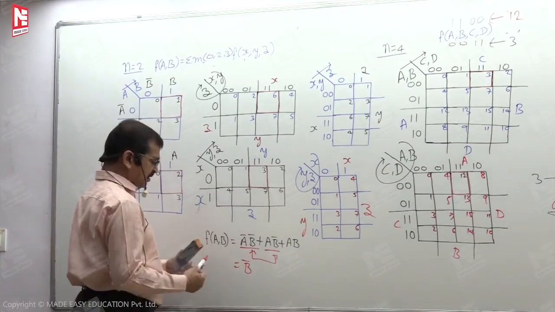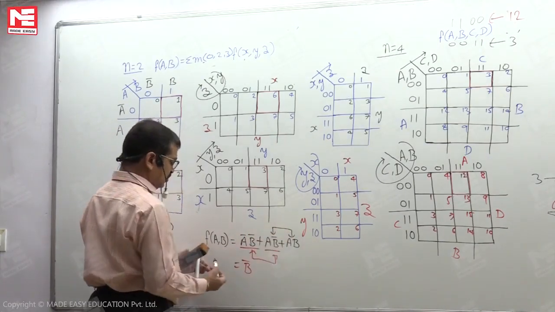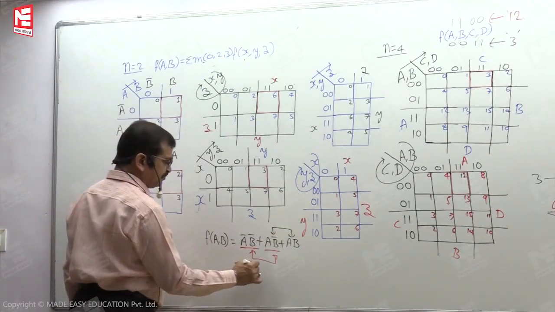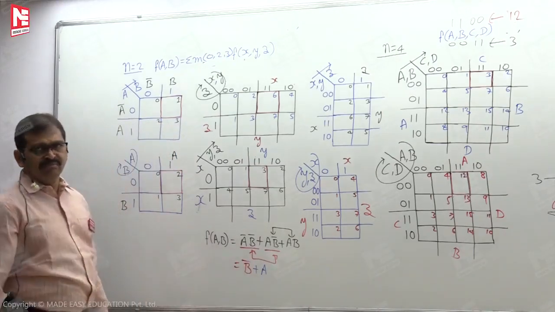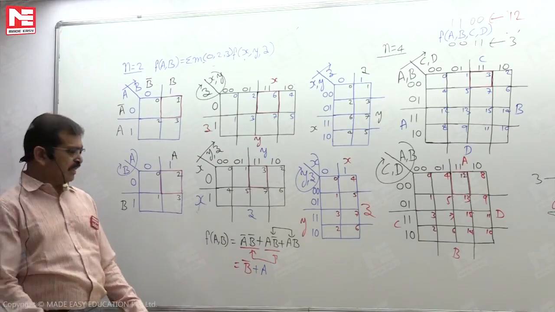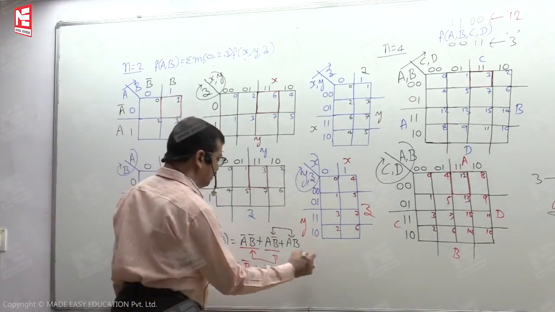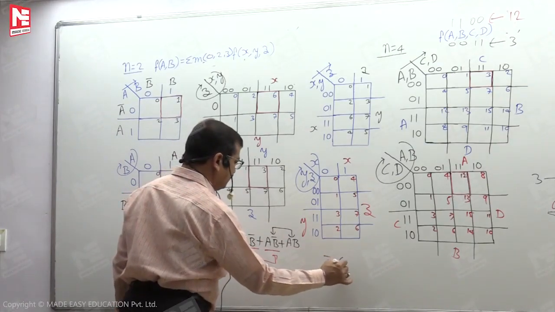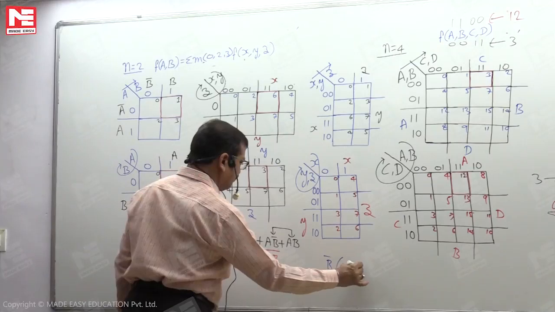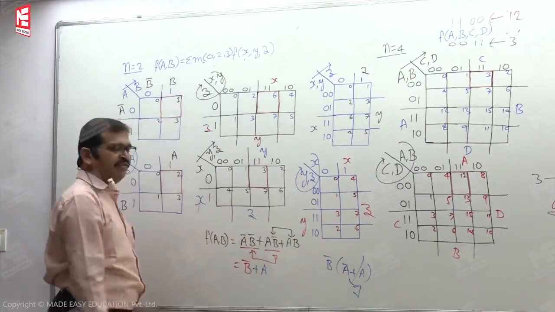Similarly, we can group the last two, which gives A. All the basic things we learned, so don't expect me to repeat. We are looking here at A complement B complement or with A B complement, so B complement is common. So A complement or with A from the first two terms is 1, so we get B complement, and similarly there.